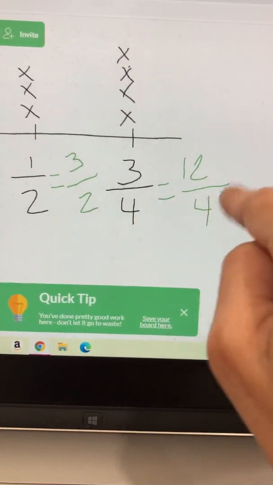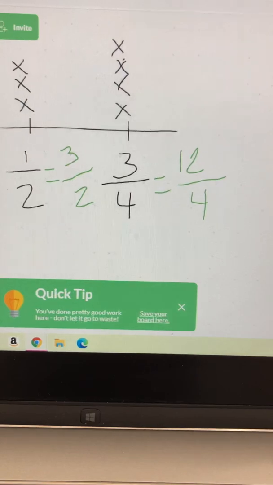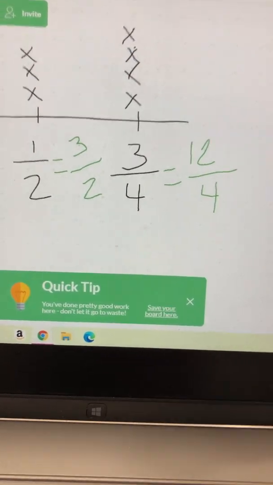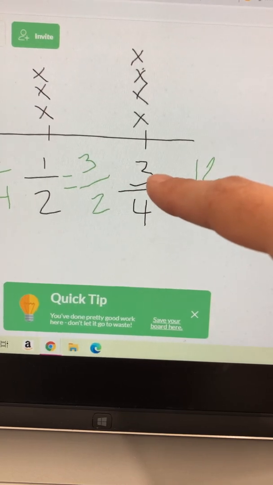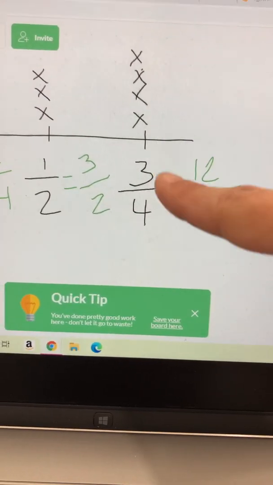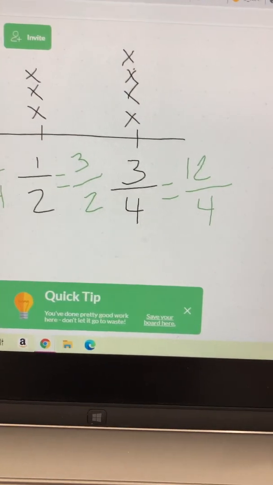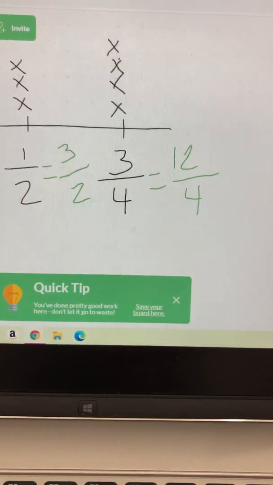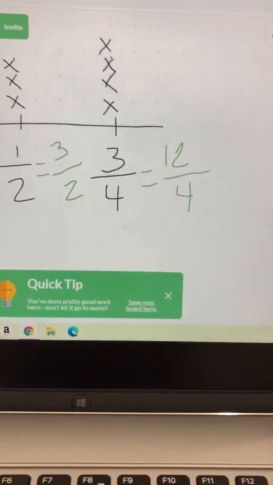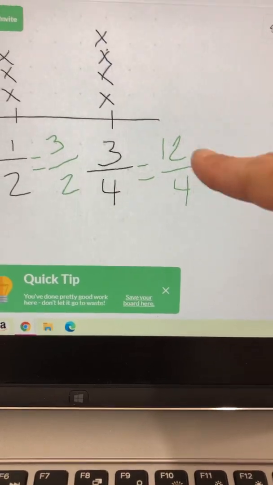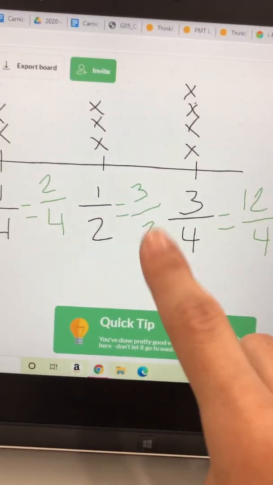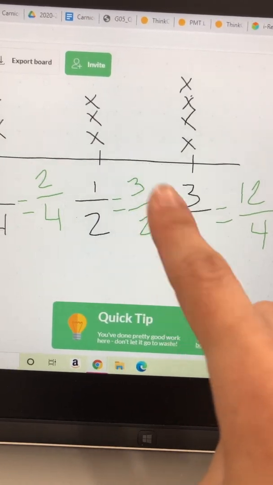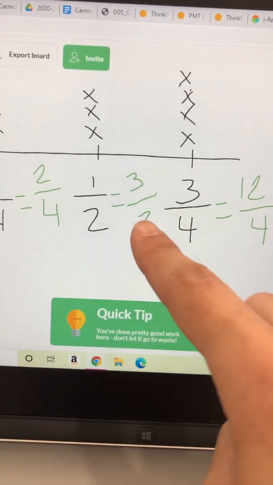And then we also have to fix this one so that it shows a mixed number or a whole number in this case. Now remember that when we add, you can either do what I did, 3/4 plus 3/4 4 times, or you can just do 3/4 times 4 and it'll give you the 12/4. So let's go back over here and fix this one because it's an improper fraction and we do have to make it a mixed number.